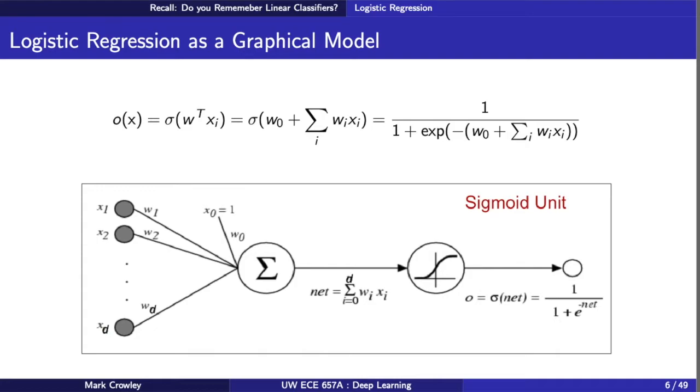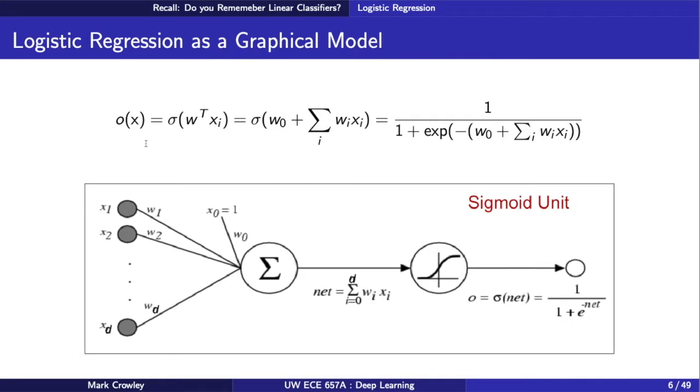So we can see this logistic regression as a graphical model, and I think I showed this before when we were talking about it originally, that we've got a bunch of inputs, and for every data point we're getting, the inputs are actually the different features that we're obtaining for every single data point.